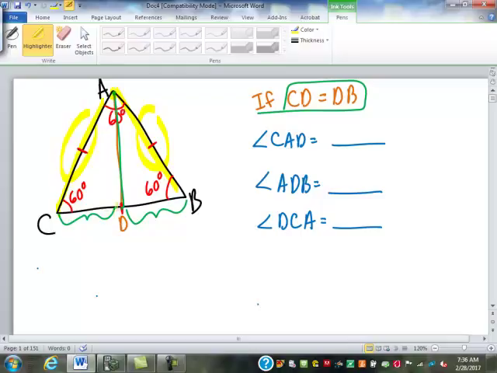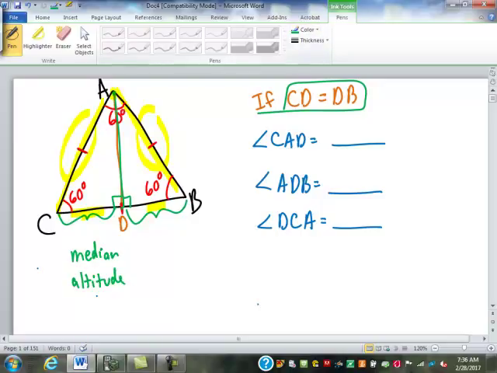So this being a median, and by a median I mean it cuts this opposite side in half, that means it's also what? It also is a right angle here. Yes, it makes 90-degree angles on both sides, of course. In other words, it's an altitude. So if it's a median, it's also an altitude, and there's one more thing that it does. What was the difference between median and altitude?